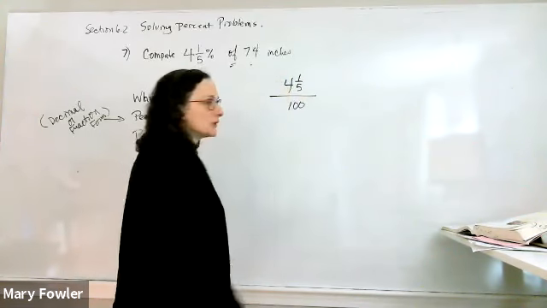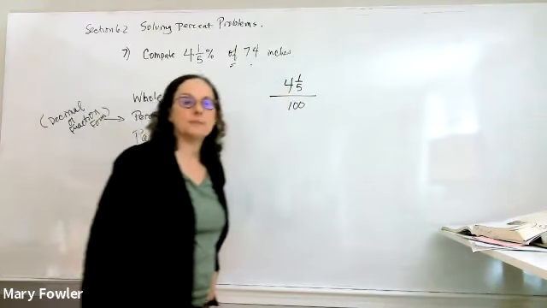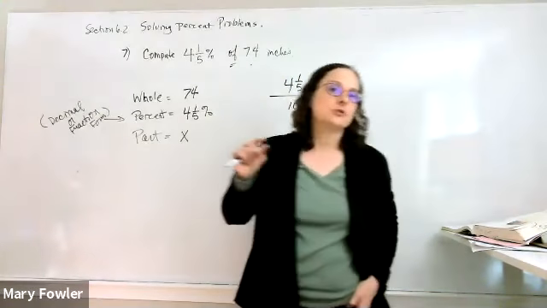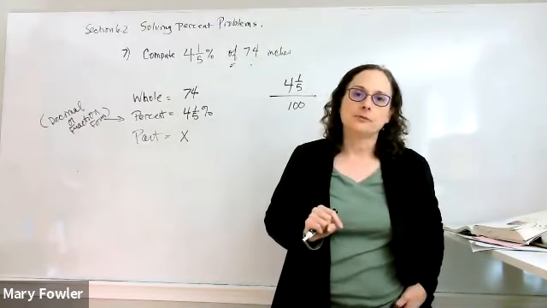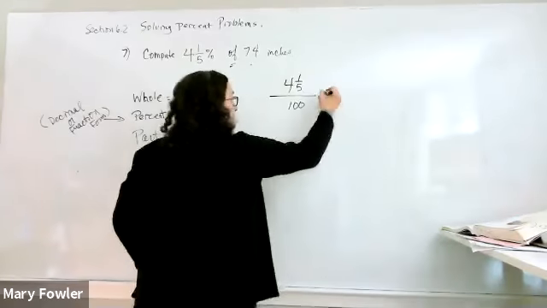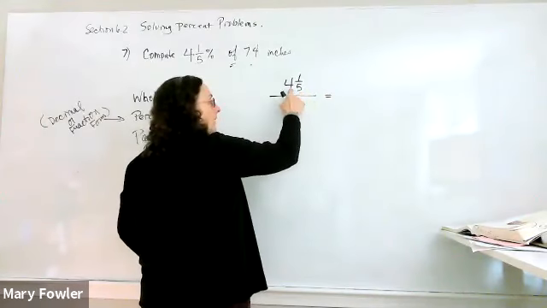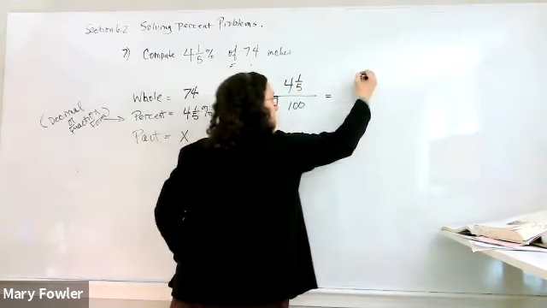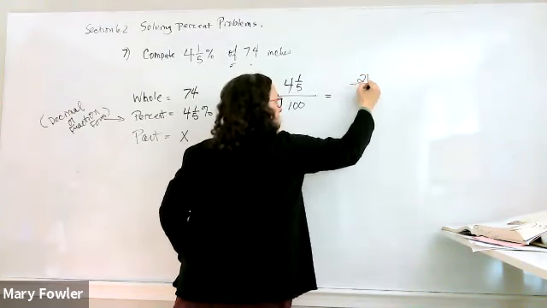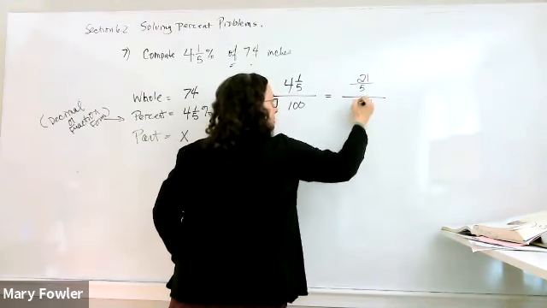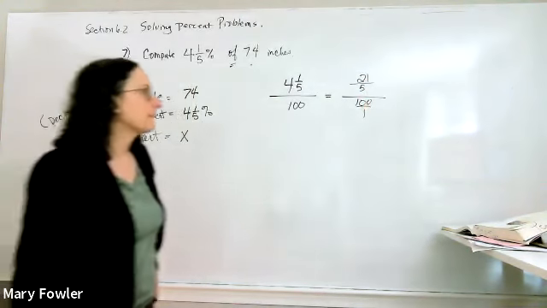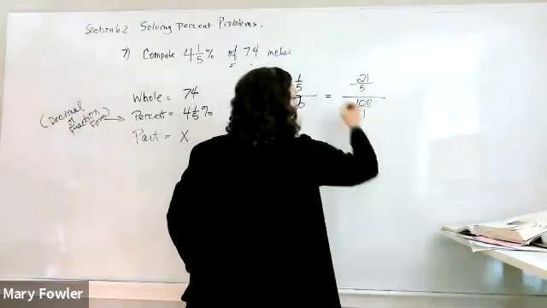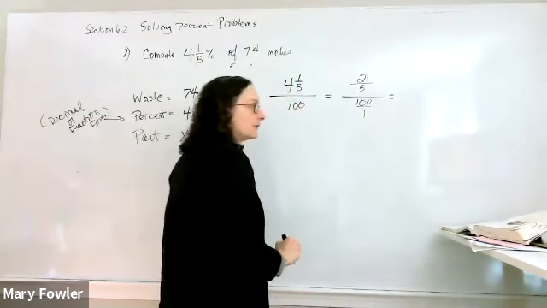And so now we're going to treat this as a fraction division problem, and we need to express numerator and denominator as an improper fraction. So in the numerator, 5 times 4 is 20 plus 1, 21 over 5. And in the denominator, 100 over 1. All right, so division by the fraction.